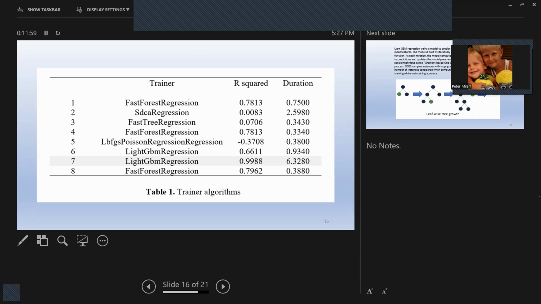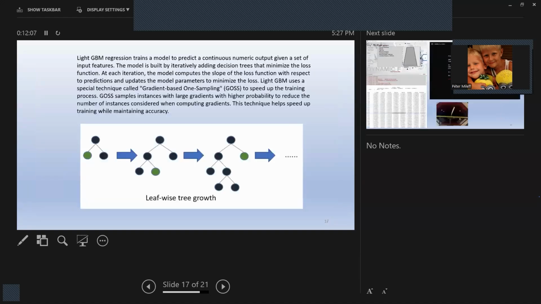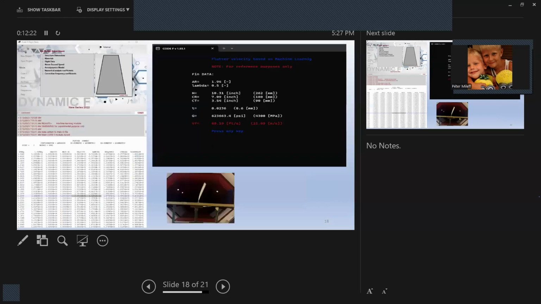It is a modern algorithm, but relatively known, and quite a few papers were written on it. Its main advantage, unlike the others, is that it builds its tree in a horizontal way, unlike the others that are building it vertically. That's why you see the name tree in most of these gradients.